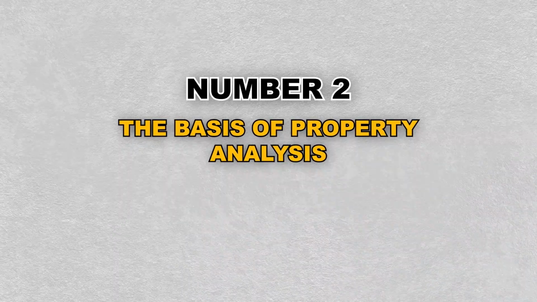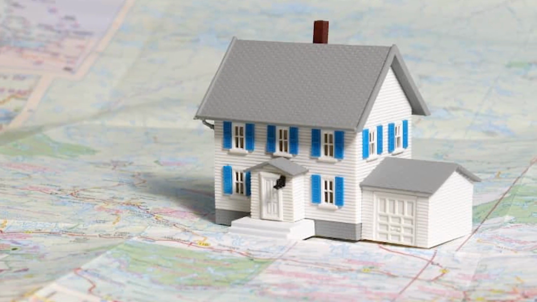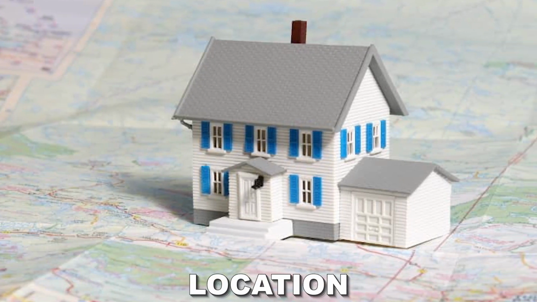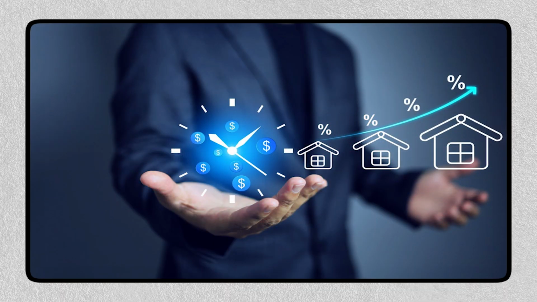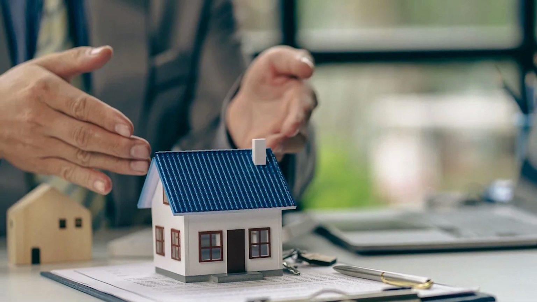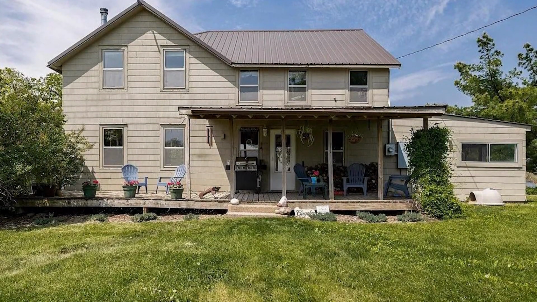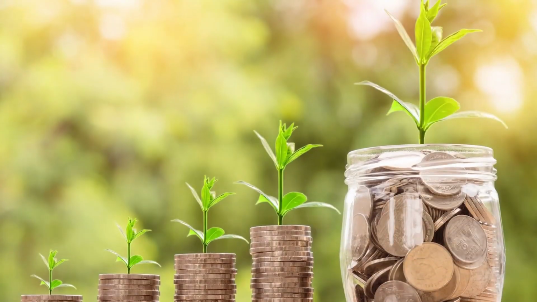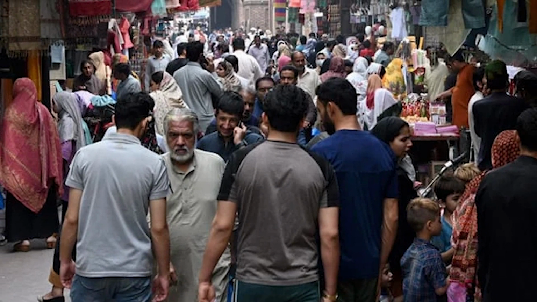Number 2. The basis of property analysis. Perhaps the most important element influencing a rental property's success is its location. The demand for rentals, property value, and overall profitability can all be greatly impacted by a well-chosen location. This is how to evaluate a location. Demand. Examine the local economy, employment market, and population growth in the area.